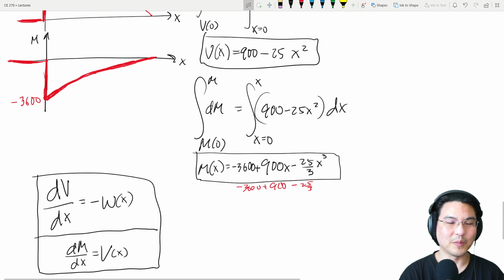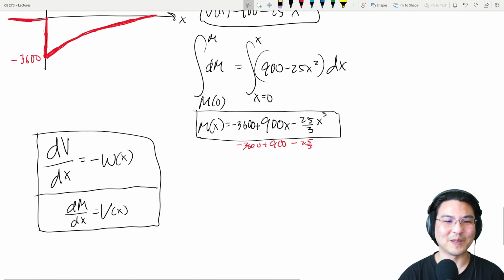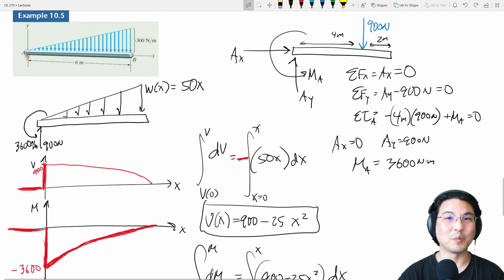Straightforward, but just keep practicing till you get the hang of it. There's also the method where you just cut it and then take the section. You want to practice that method as well, but definitely spend some time practicing these calculus relationships, because there's more to the story in future semesters.